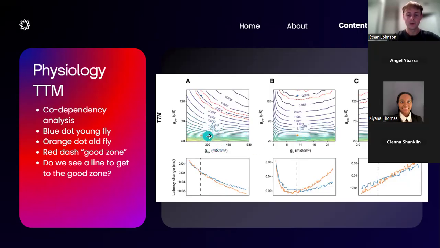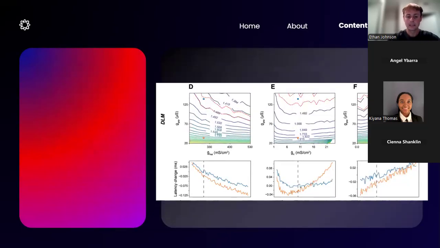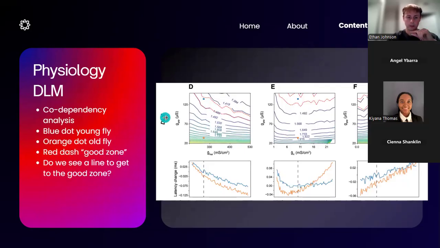So there's really no line here that this orange dot is sitting on that we could easily get up into there. And what that's telling us is that in this case, gap junction conductance is more important than if we were to change these other parameters. And specifically, this is looking at the TTM. So now they did the same thing, except looking at the DLM, so that other branch.